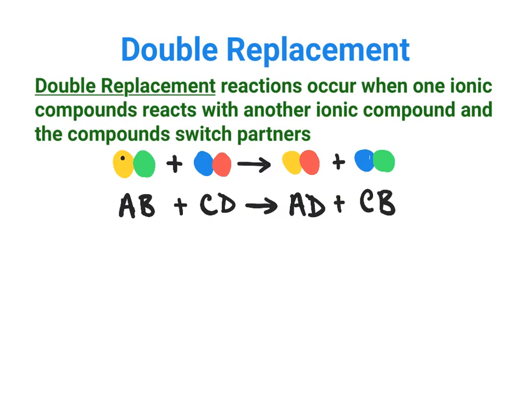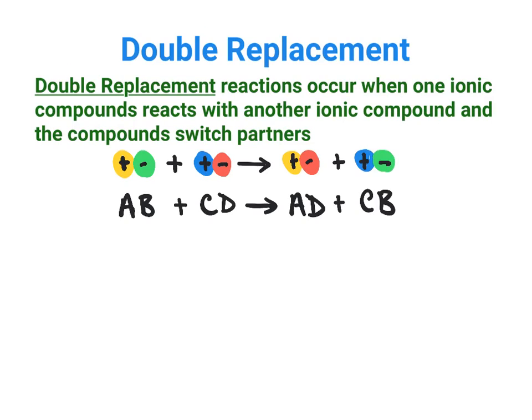If you think of it this way, the gold and the blue are the cations, so they stay first. The green and the red are the anions, so they go second. And the anions just swap places on the same cation. It's written as AB plus CD gives you AD plus CB.